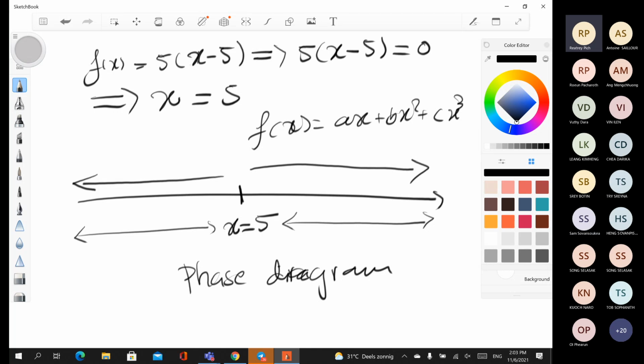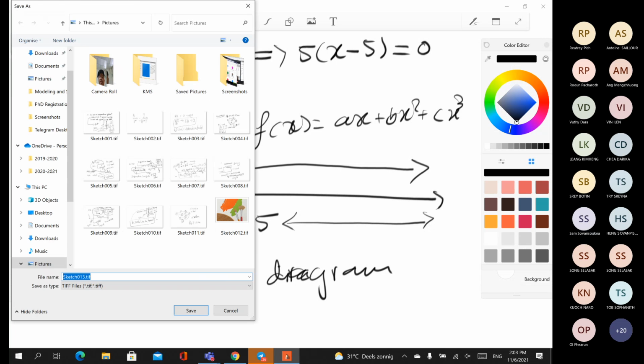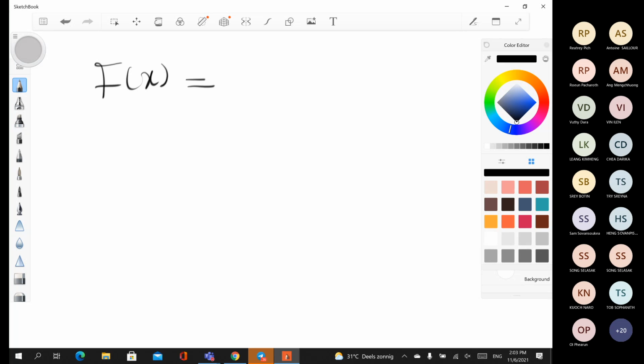For example, in this case, we have f(x) equal to the integration of f(x) dx here.